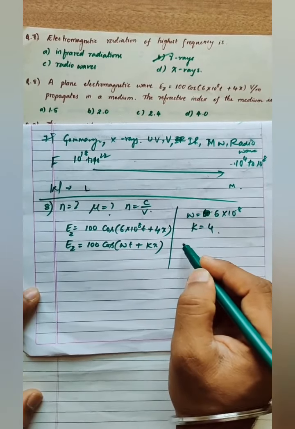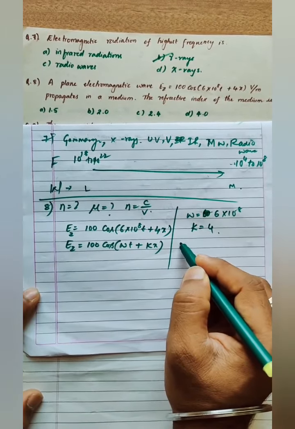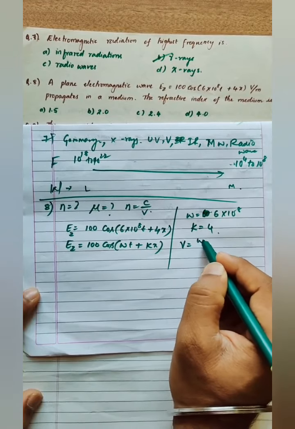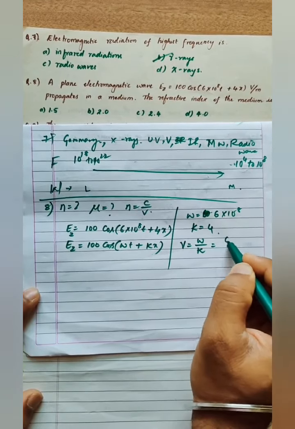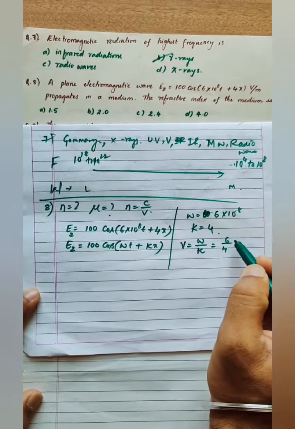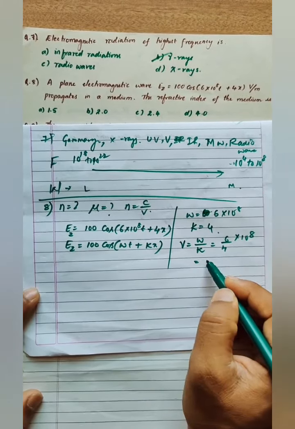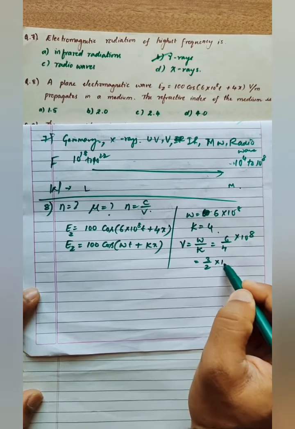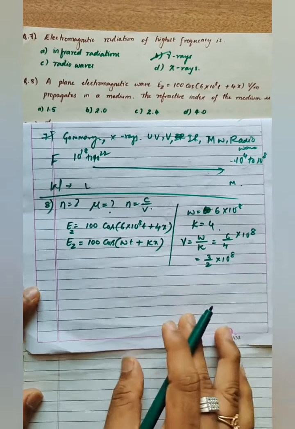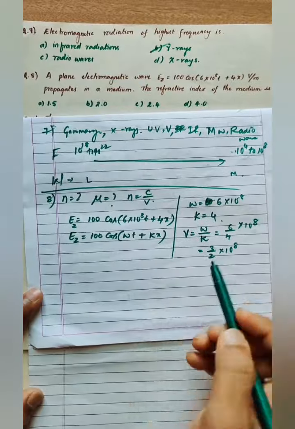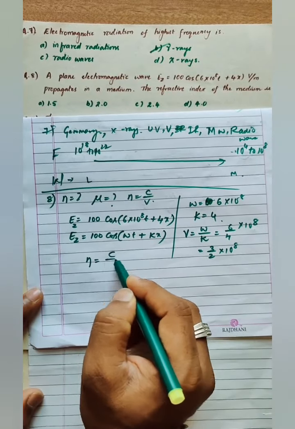And we know that velocity v is equal to omega by k. So 6 by 4 into 10 power 8. So that is 3 by 2 into 10 power 8. Let it be as it is. Now we have to find n, right? So n is equal to c by v.